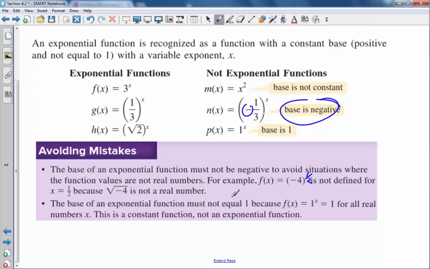No negatives. What's wrong with 1 to the x? Because 1 raised to any power is actually just 1 itself. The x disappears, no exponent. So we don't technically call this exponential either, okay? So what's the story we got here?